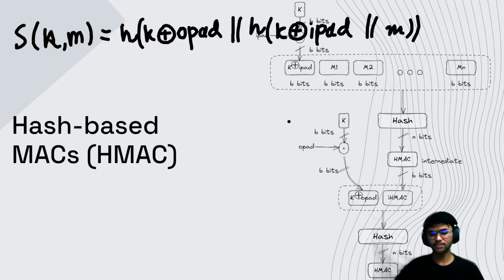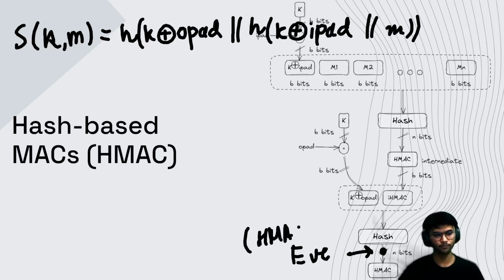Now, let's see what Eve can intercept in this case. At this point, Eve may know the HMAC and the message M. Note that the ipad and the opad are well-known constants defined in the HMAC construction. And Eve definitely knows that.